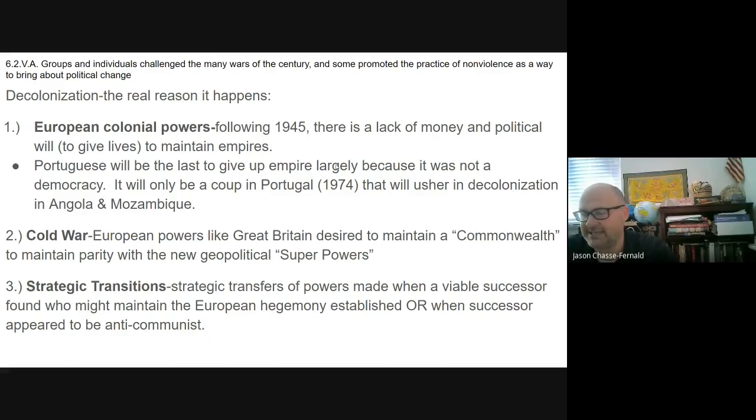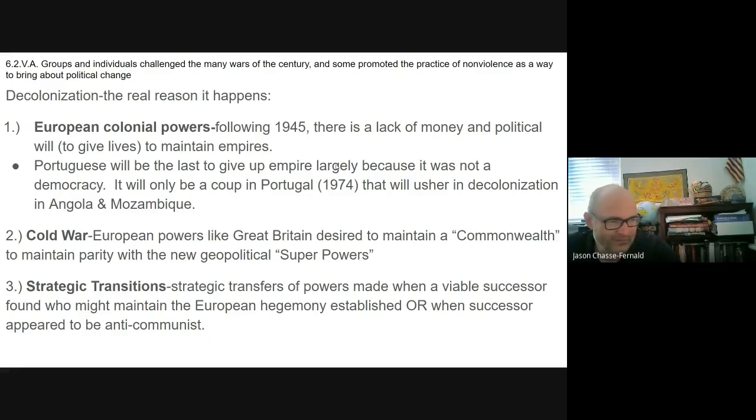And by viable successor, there's usually not a lot of preconditions, but what are some common preconditions? Not a socialist. I can't think of much else, okay? But ideally somebody who will have a relationship with you economically and politically.